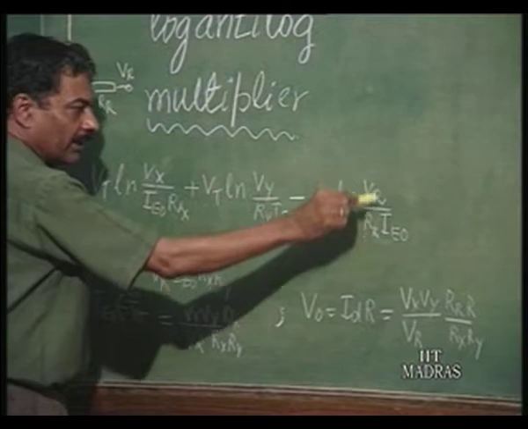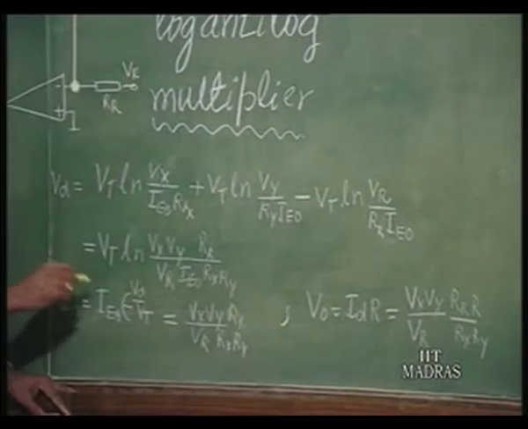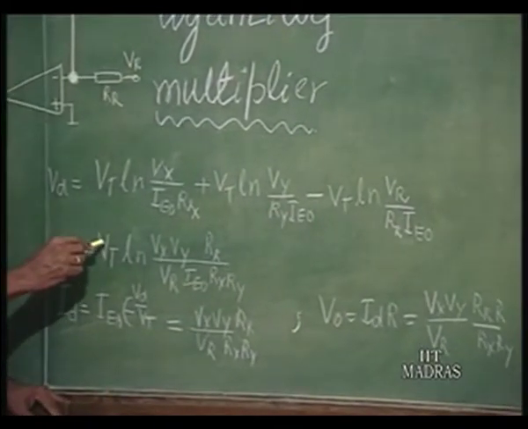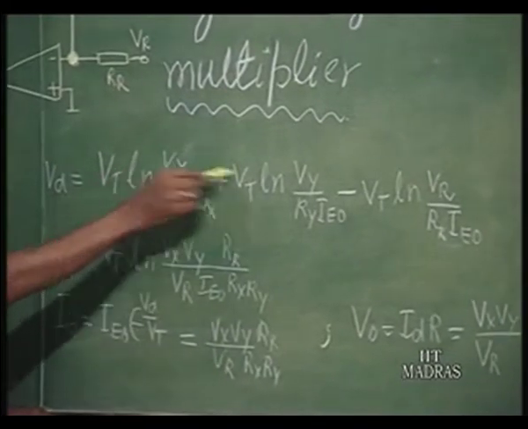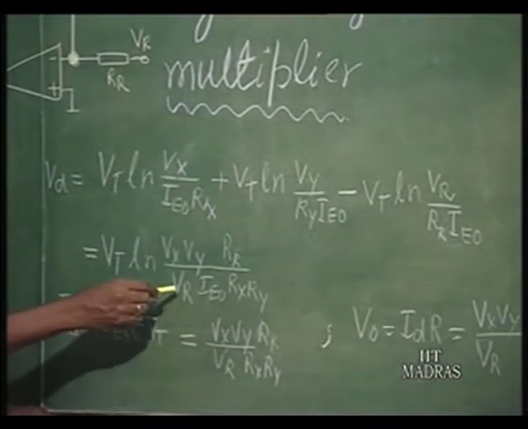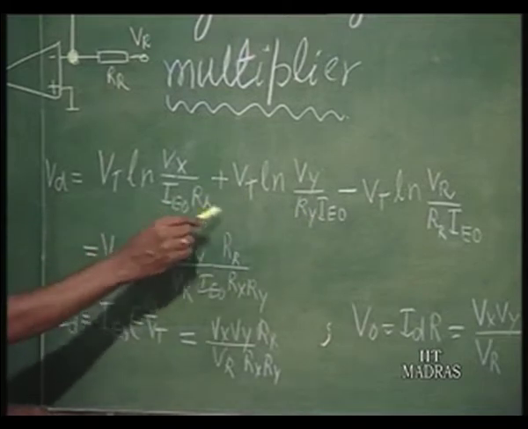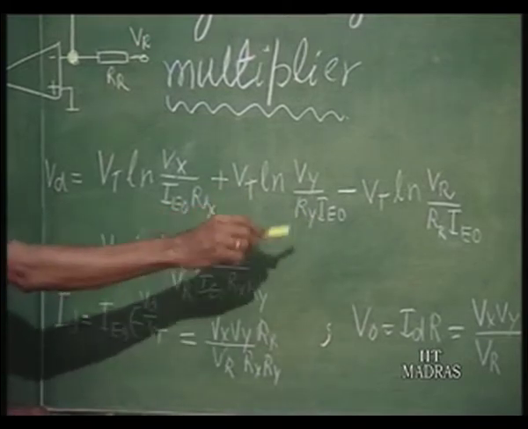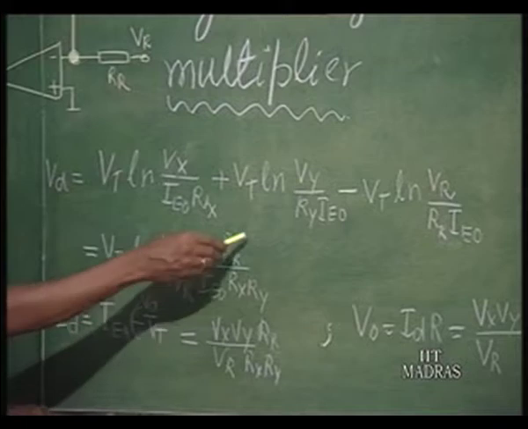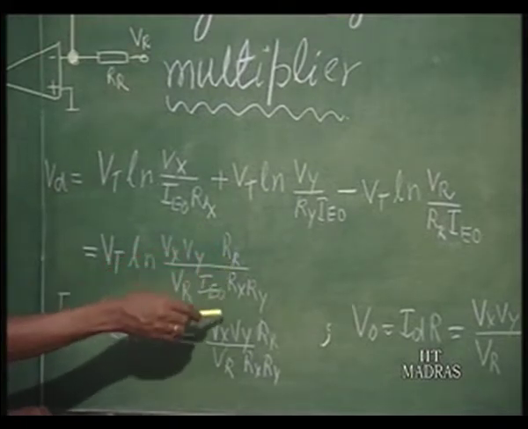minus Vt log Vr by Rr IE naught, then that voltage will be looking as Vt log Vx Vy, this will be getting multiplied, divided by IE naught squared Rx Ry multiplied by IE naught. So, IE naught gets cancelled, Rr, divided by Vr.